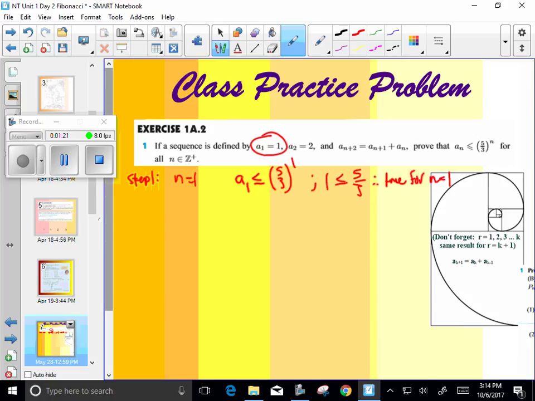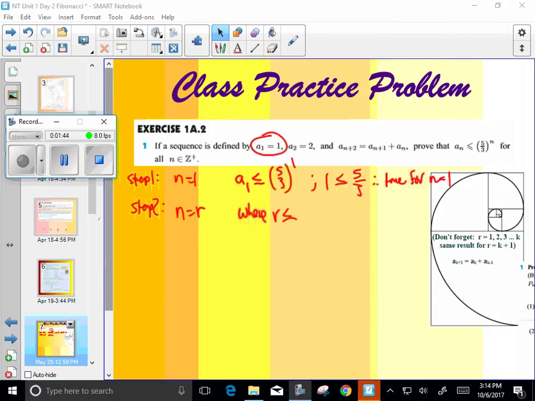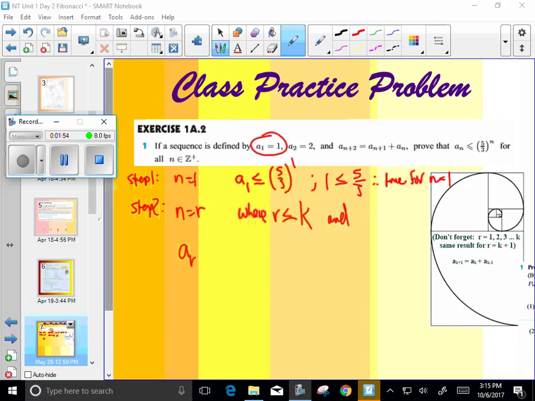Now, for step 2, you're going to look at n equal to r, where r is less than or equal to k, and a(r) is less than or equal to (5/3)^r when r is equal to 1, 2, 3, all the way to k.